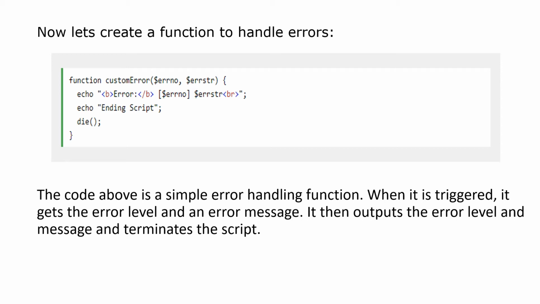The code above is a simple error handling function. When it is triggered, it gets the error level and an error message. It then outputs the error level and message and terminates the script.